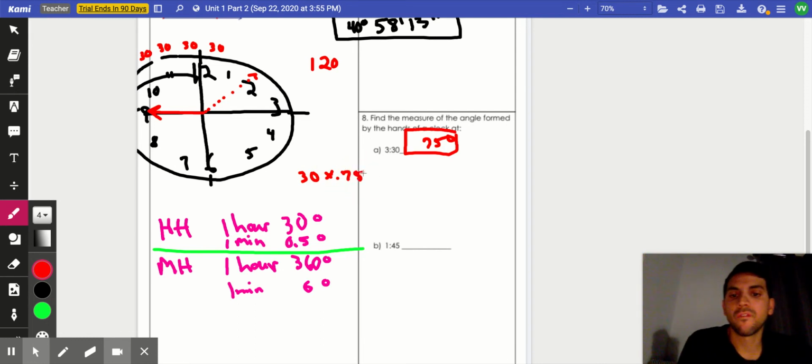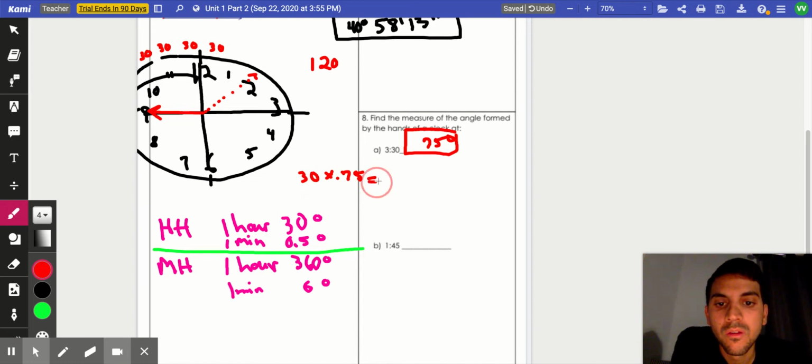And if I do that on my phone, 30 times 0.75, I'm doing this with you, is 22.5. So you want to add that to 120. And you should get 142.5 degrees.